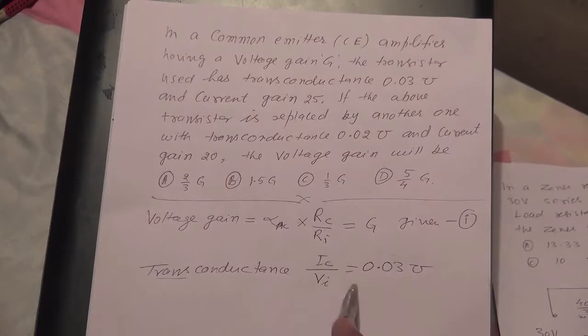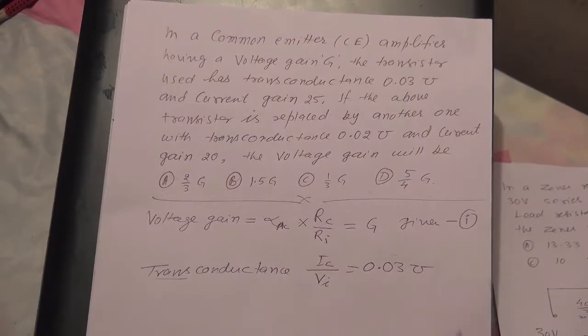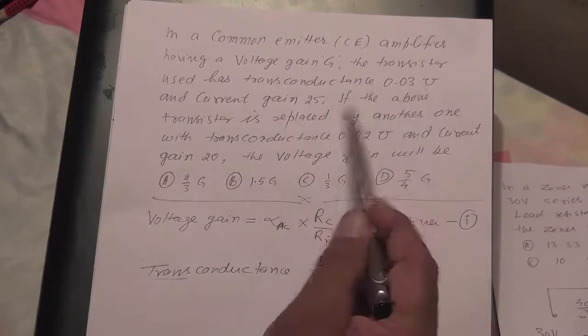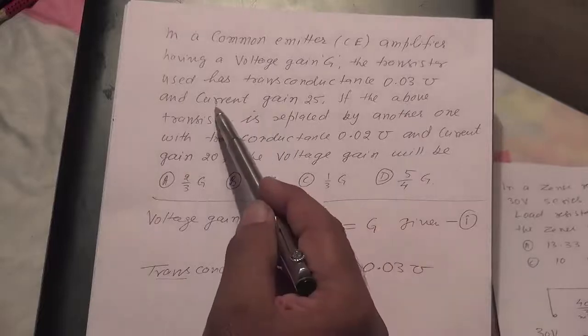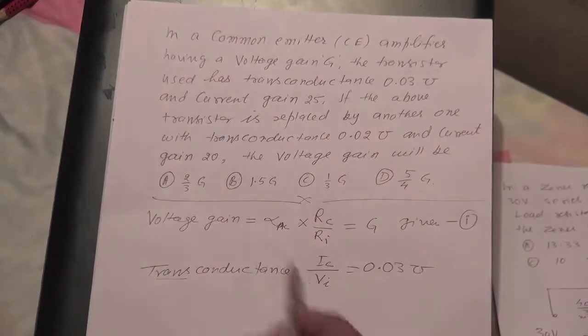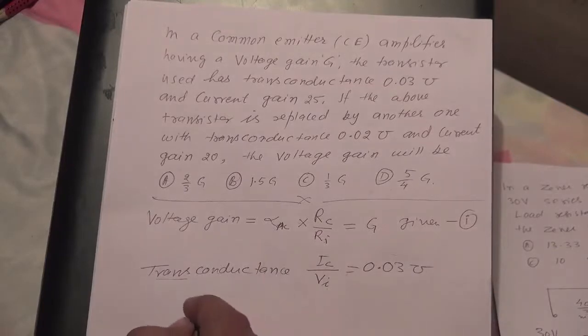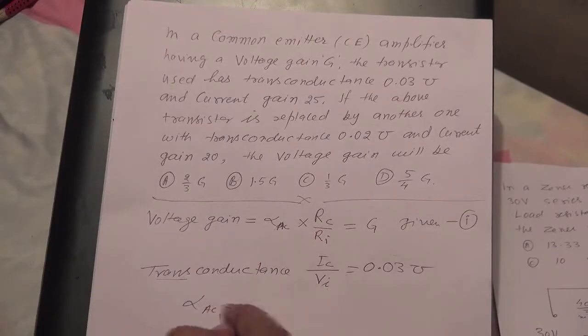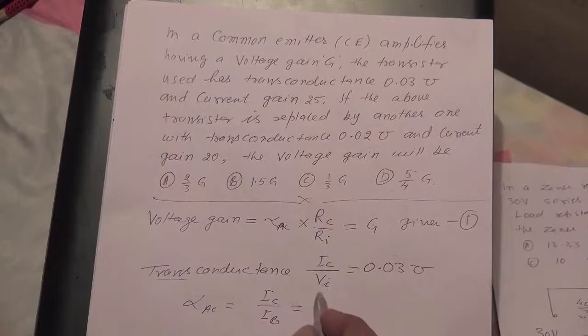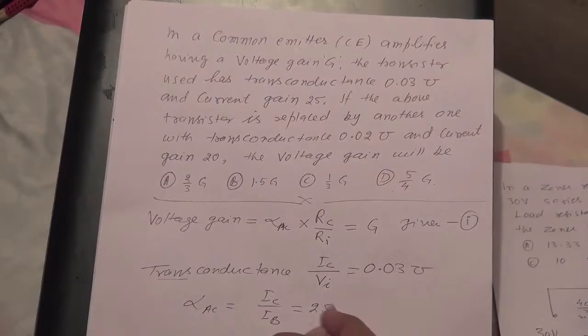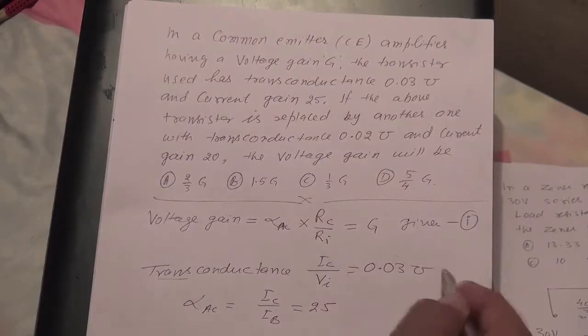Now, IC upon VI. Okay. The current gain is 25. This is the current gain, alpha. So, alpha current gain, which is equal to IC upon I base. This is equal to 25. This is also given to us.